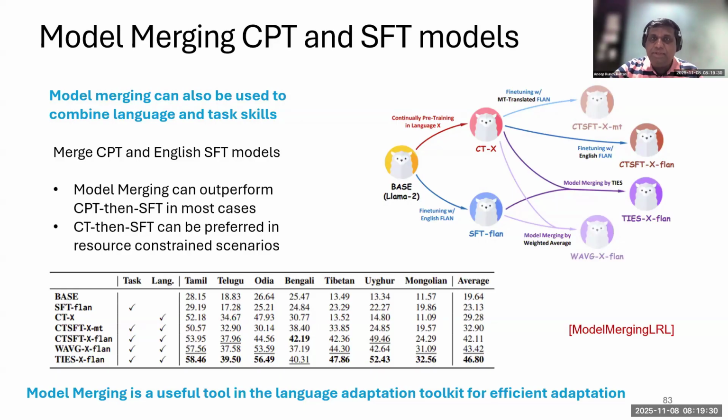And again, model merging can be used here to combine these two checkpoints, the continually pre-trained checkpoint for the new language and the SFT checkpoint. And we can see that this can yield in most cases better results than the standard CPT followed by SFT pipeline for the new language. So just wanted to point out that model merging is interesting, and this was one interesting use case for the same.